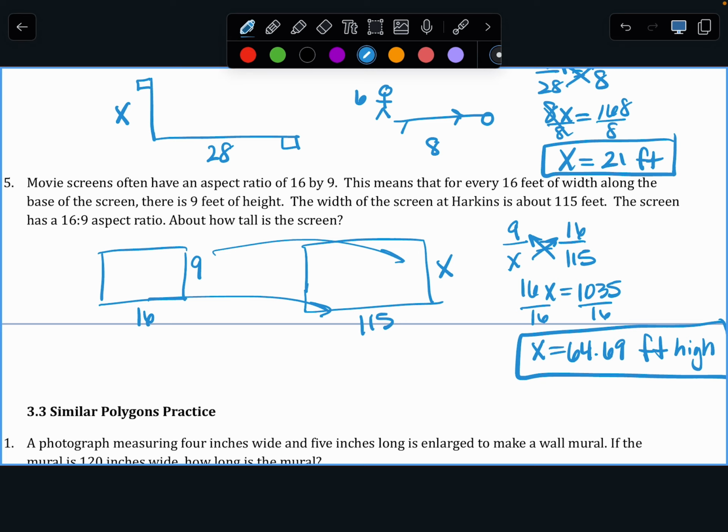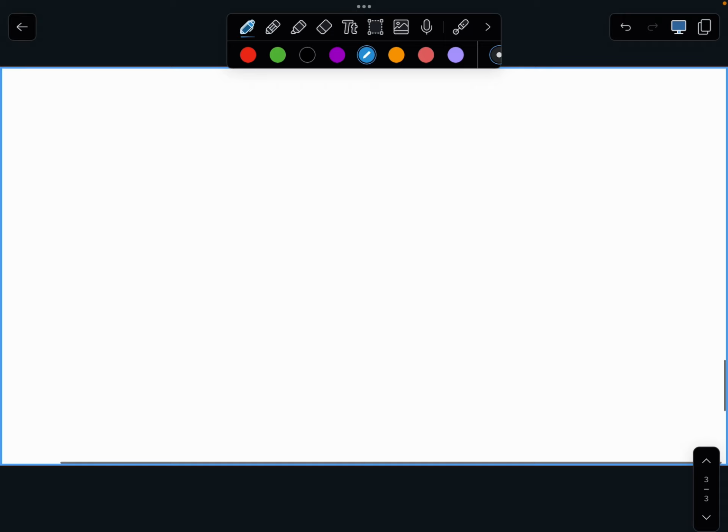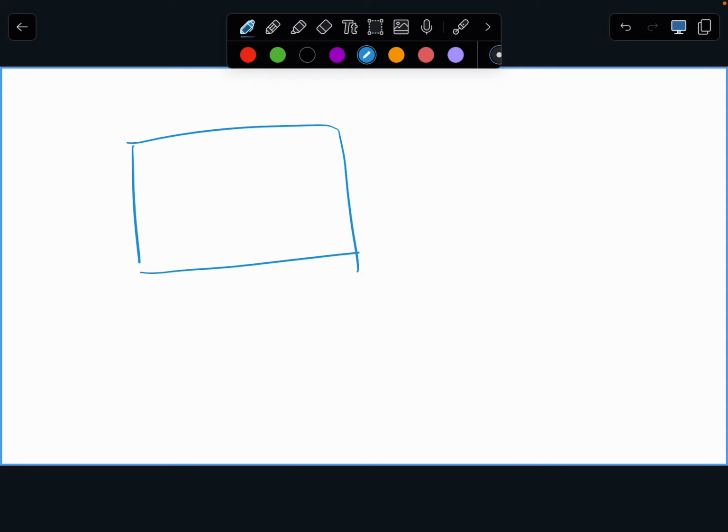Here's one more example of ratios all the time. So other than it's really elementary school, what is this?